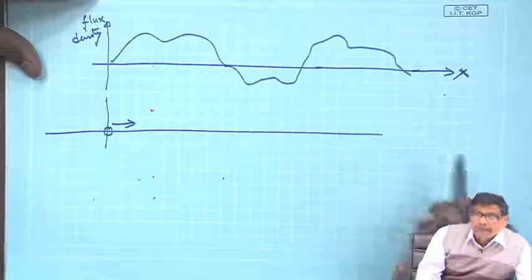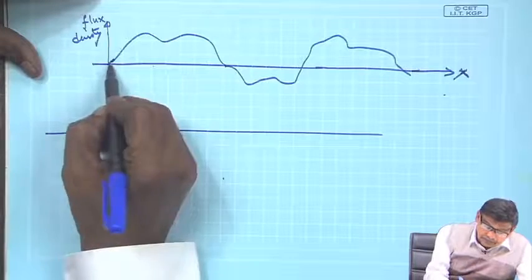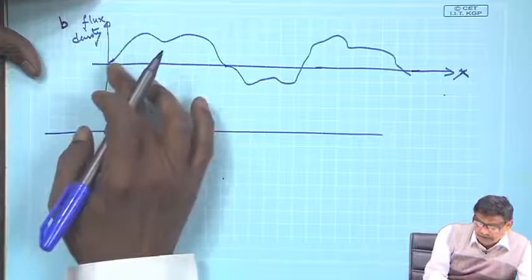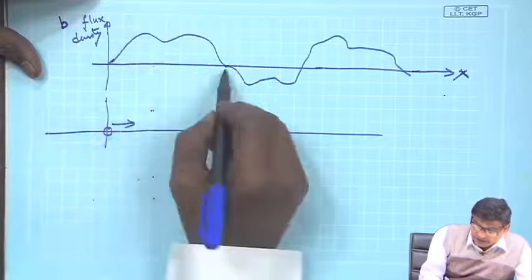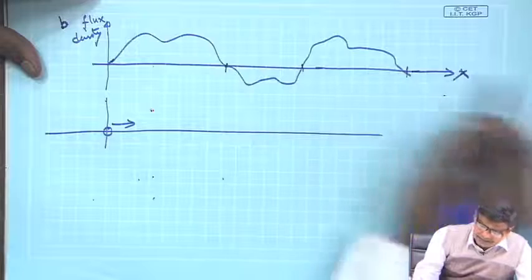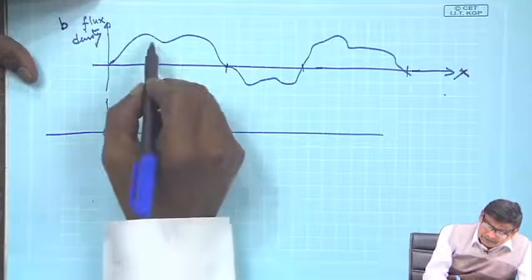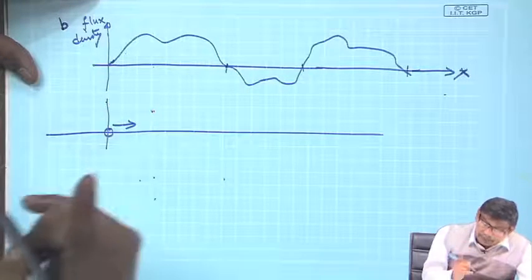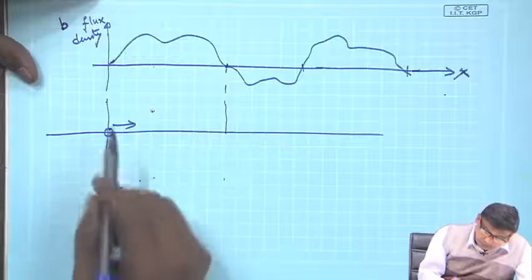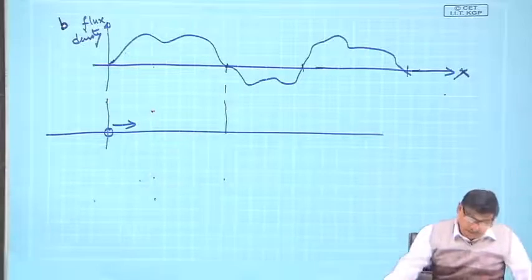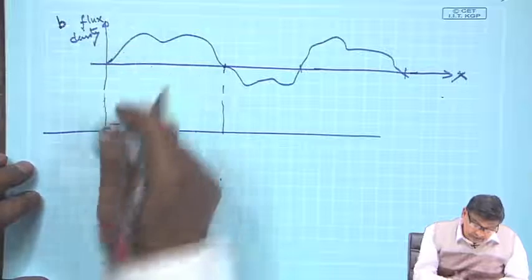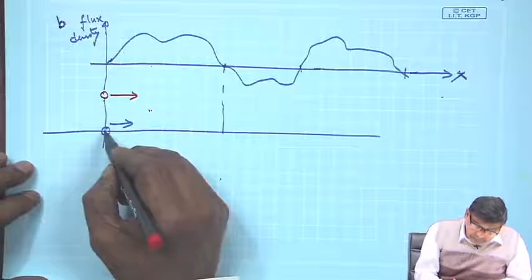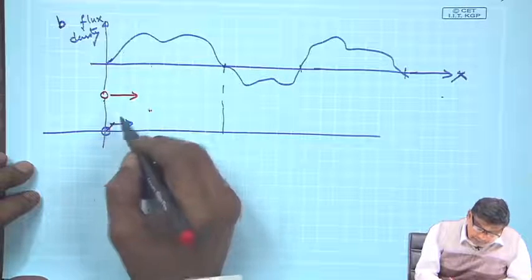So, if this is the B distribution, which I will write now small b, because I find it is not constant at all the points, but it is repeating in some way. So, some equation will describe this B, but I am sure about one thing, that the EMF generated across the two ends of this conductor will be of same shape.